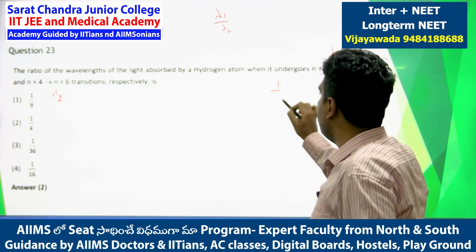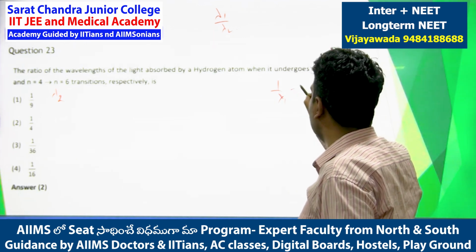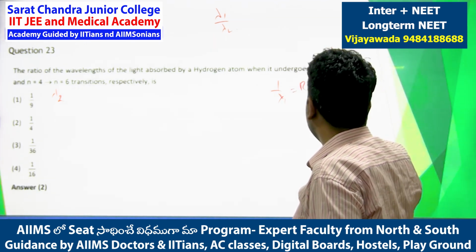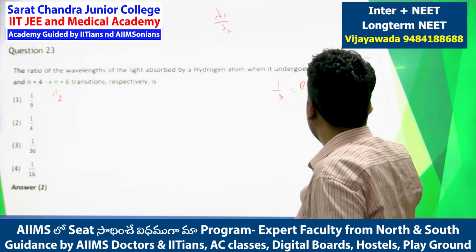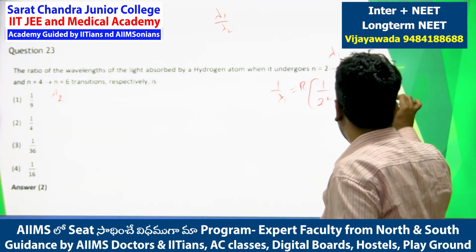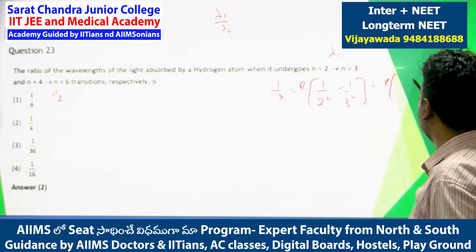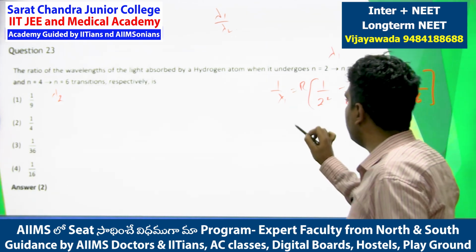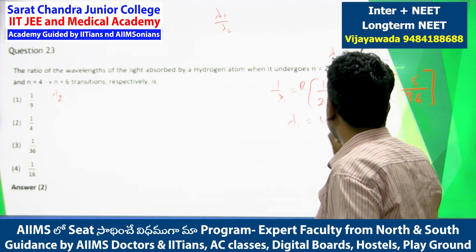So 1 upon lambda 1 using the Rydberg's formula is R Z square, Z is 1 for hydrogen atom, 1 upon n1 square, that is 2 square, minus 1 upon n2 square, that is 3 square. So this will come out to be 9 minus 4 over 36, 5 by 36. So lambda 1 can be written as 36 by 5R.